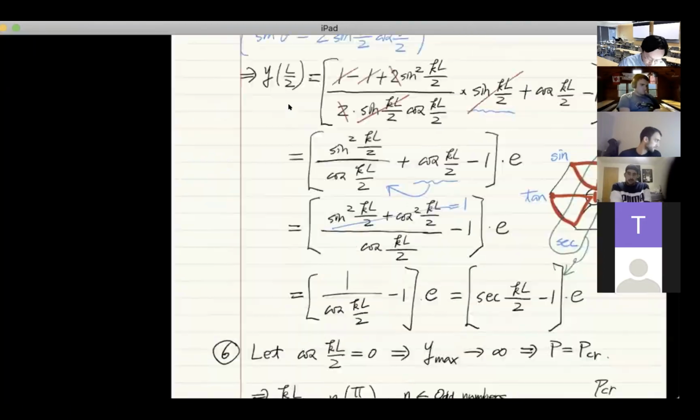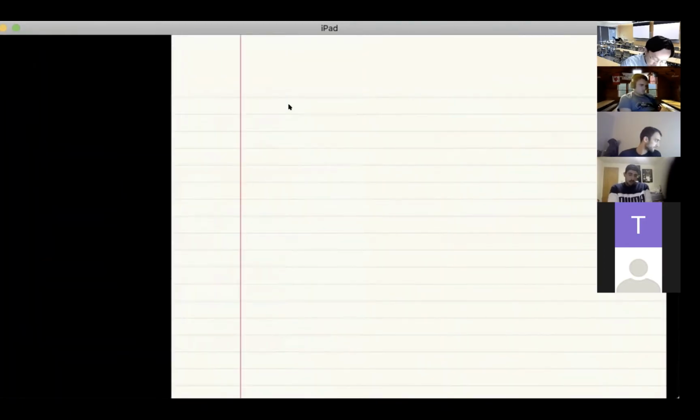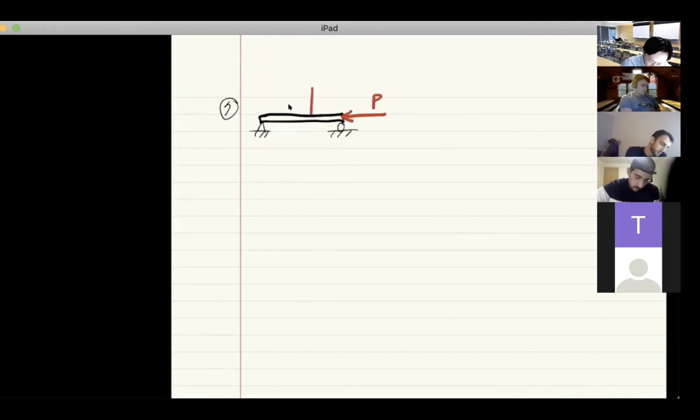And in the summary, we are looking at step 7. You remember we did this. There's one example where we consider a pin column, and it has this force P, and also force Q, remember?